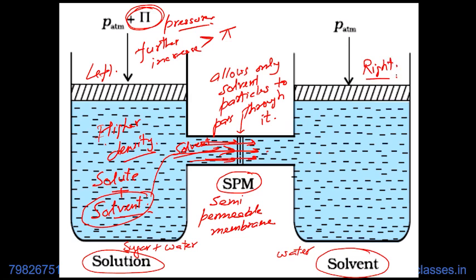This is the process which is used in the RO system, reverse osmosis system, to purify water. These solutes are impurities in that case. When excess pressure greater than osmotic pressure is applied, then pure water passes to the solvent chamber, and this is where you get the water from the RO system.